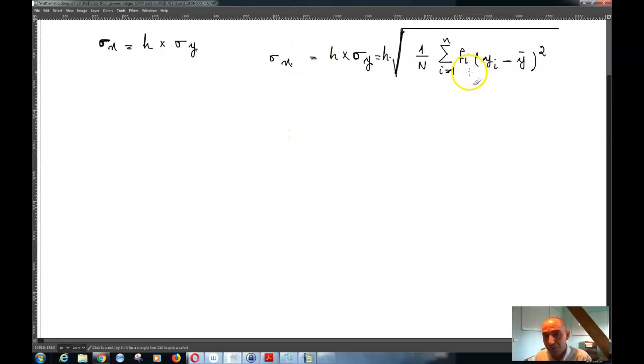So what that means is that I can make some changes to only this part: the square root of 1 over n times the sigma of f of i times y of i minus y bar, all squared, as i goes from 1 to n.